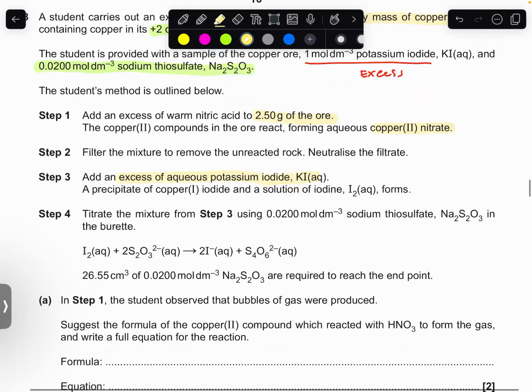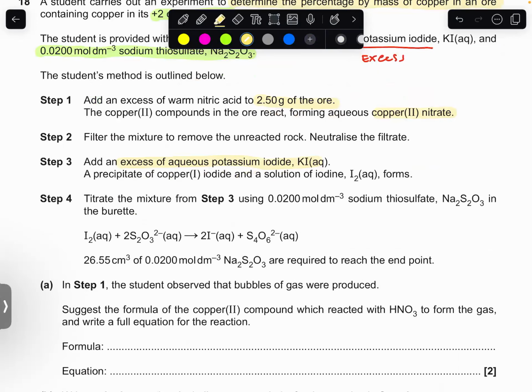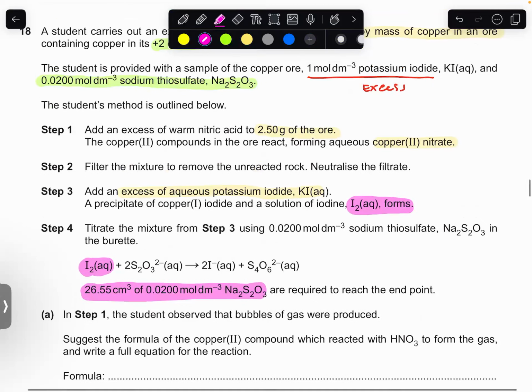And you see, because this iodine is formed here, that iodine is then titrated with thiosulfate ions. And we've got here this volume and this concentration of thiosulfate required to reach the endpoint. So we've got all our main bits of information we need there.